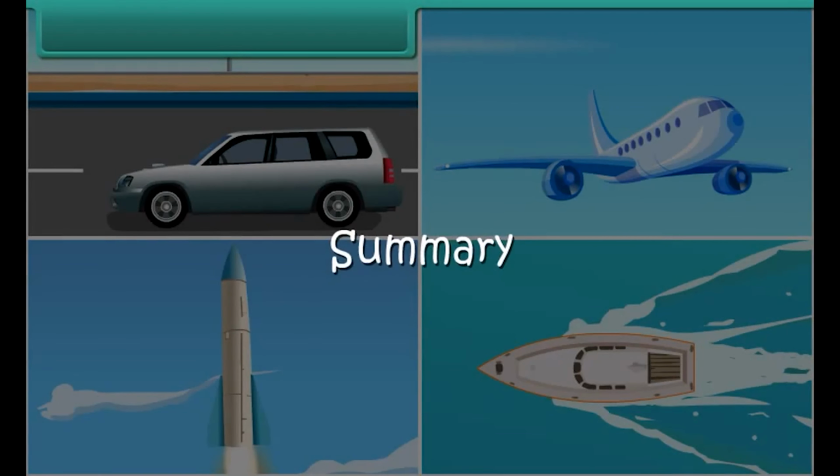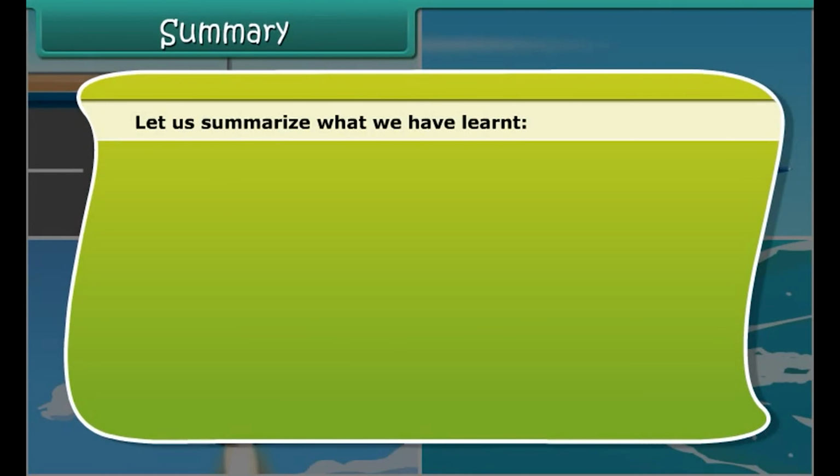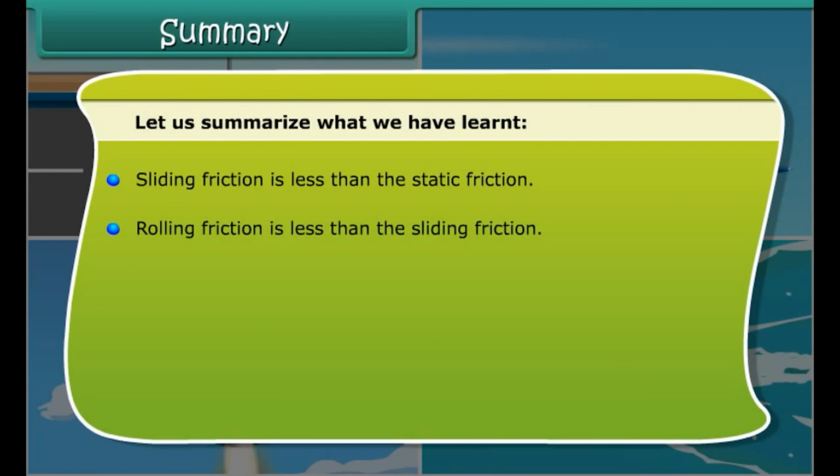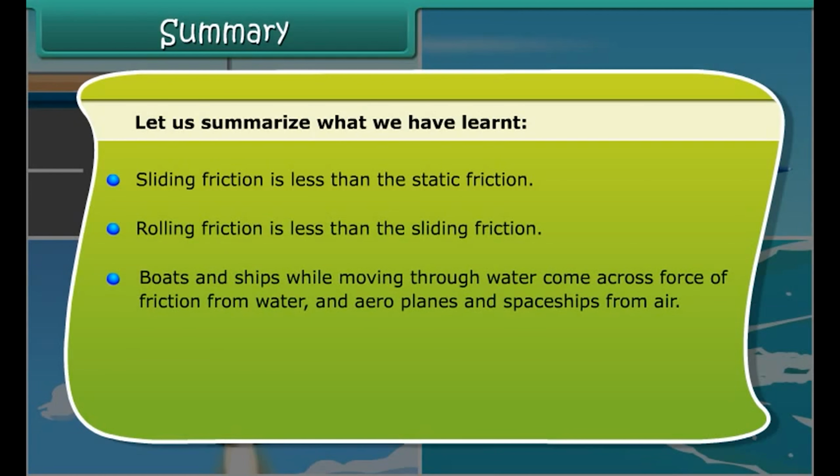Summary. Let us summarize what we have learned. Sliding friction is less than the static friction. Rolling friction is less than the sliding friction. Boats and ships, while moving through water, come across force of friction from water, and aeroplanes and spaceships from air.